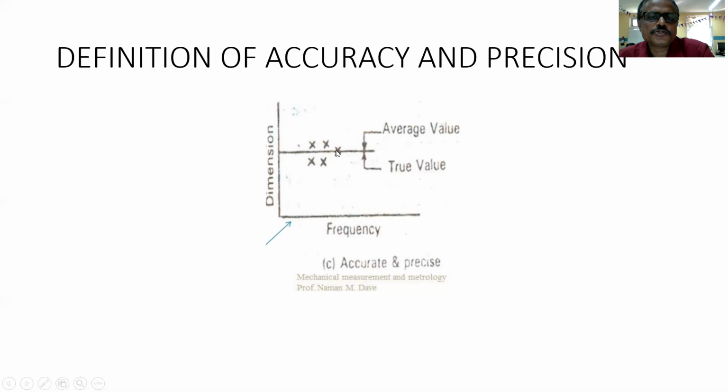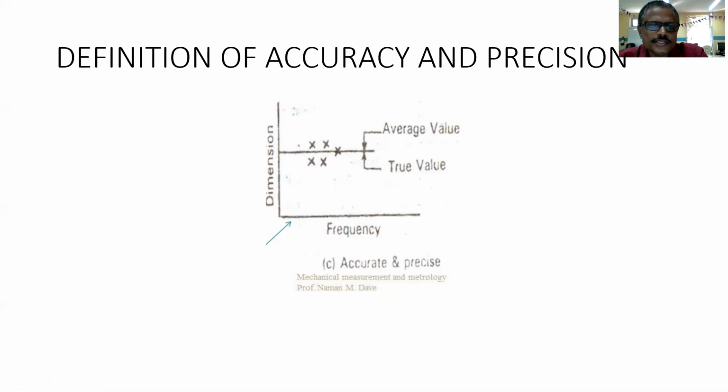Here, the instrument readings are falling on this line. The average value and true value are almost the same. Therefore, this reading, if you can see, is on that line. Then the experimental readings are clustered around a particular value. Therefore, it is also precise.